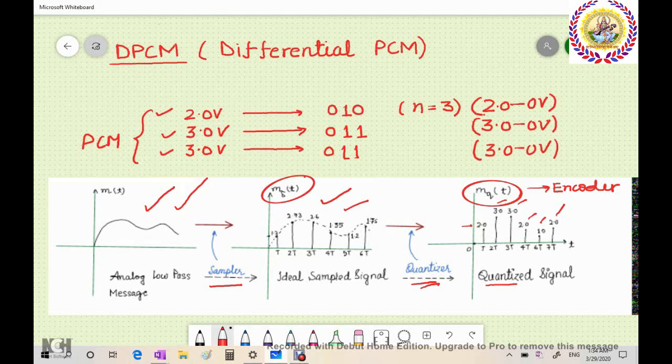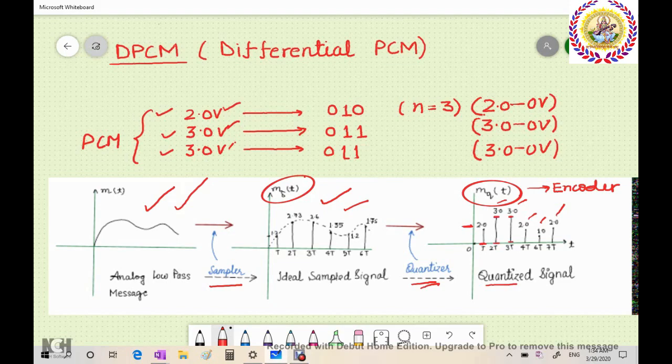The encoder is converting the 2, 3 and again 3 volt. The catch is that in PCM we are sending the difference between the peak value and the lower value. That means 2 minus 0, again 3 minus 0, 3 minus 0.